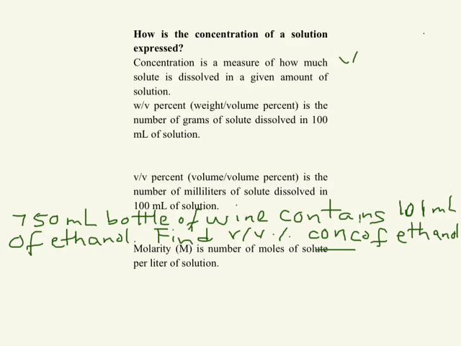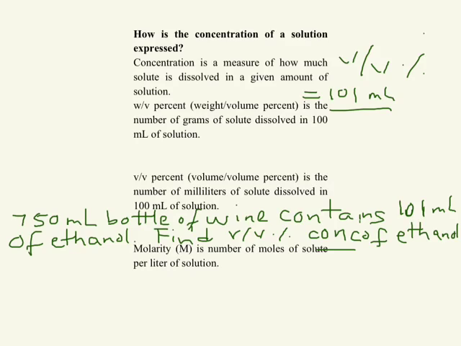So volume by volume percent is equal to volume of solute. What is your solute? Ethanol is your solute, which is 101 ml, divided by volume of solution.